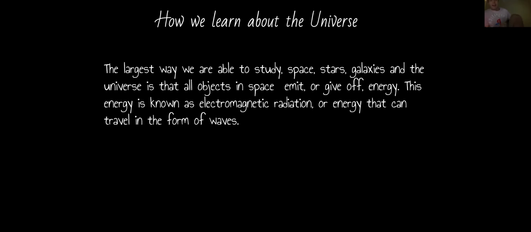Remember, we learned back in the heat chapter that there are a couple forms of heat. One of them is radiation. So radiation is sort of like a wave that goes through space. That's the biggest way we learn about it.